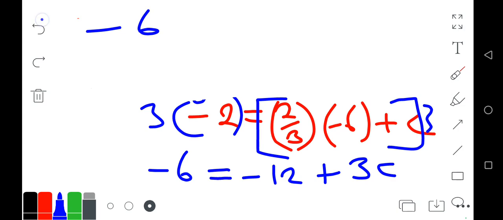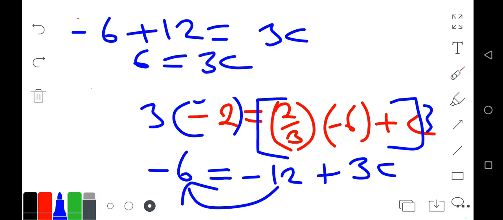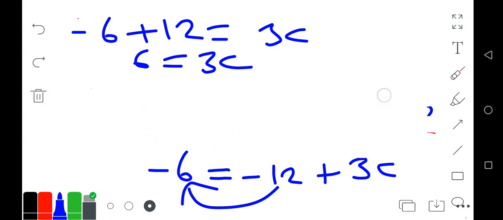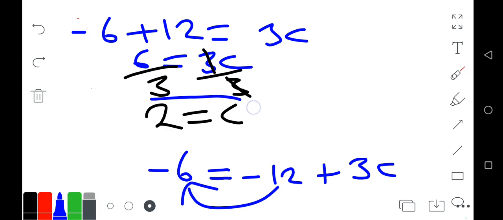Negative 12 and negative 6: plus 12 comes to this side, so 6 equals 3c. Now we can simply divide both sides by 3, and I'm just going to have 2 equals c. So that is our value of c.